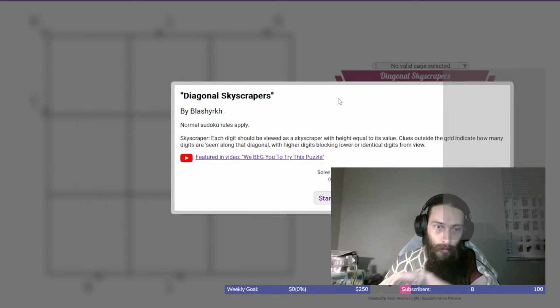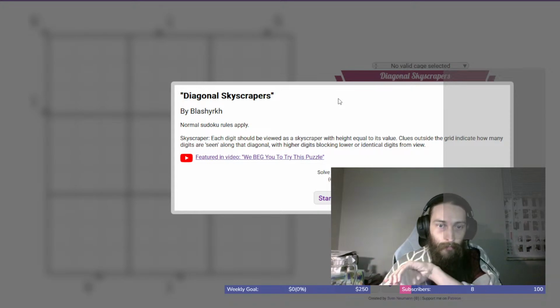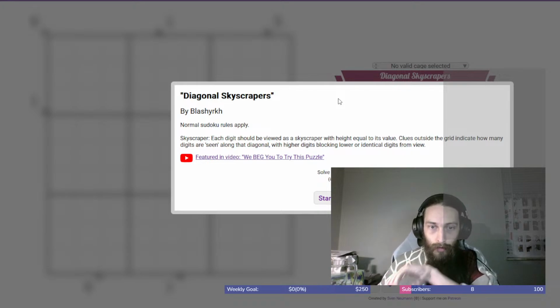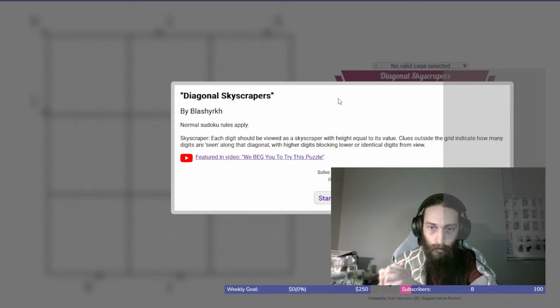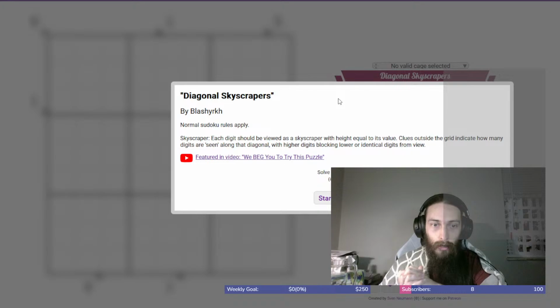Normal Sudoku rules apply. Skyscraper. Each digit should be viewed as a skyscraper with height equal to its value. Clues outside the grid indicate how many digits are seen along that diagonal, with higher digits blocking lower or identical digits from view.